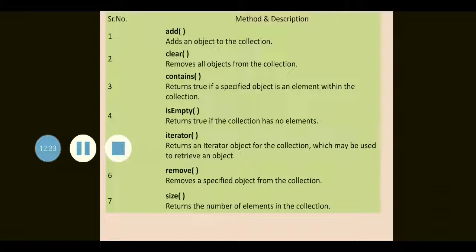Is empty is to check whether the particular collection is empty or not. With the help of iterator of, we can traverse the elements of the collection. In order to remove a particular element, we can use the remove method, and in order to find out the number of elements present in the collection, we can use the method size of.